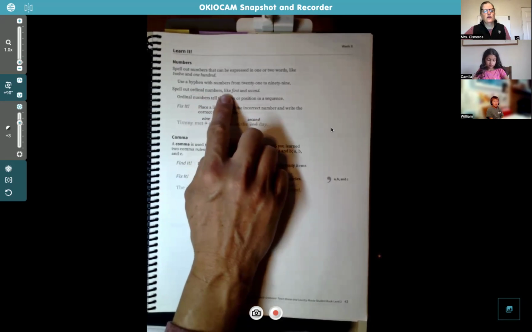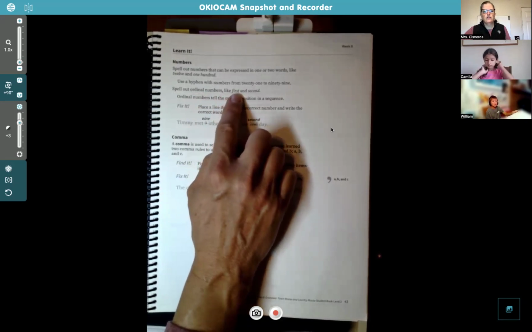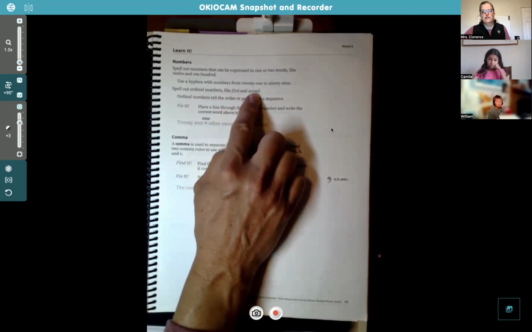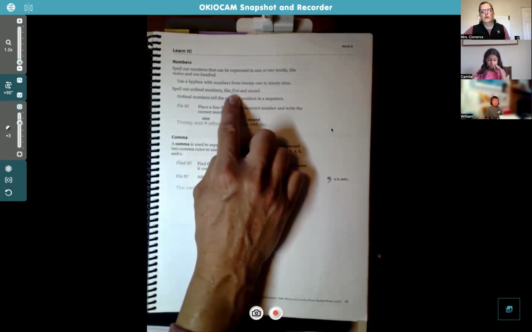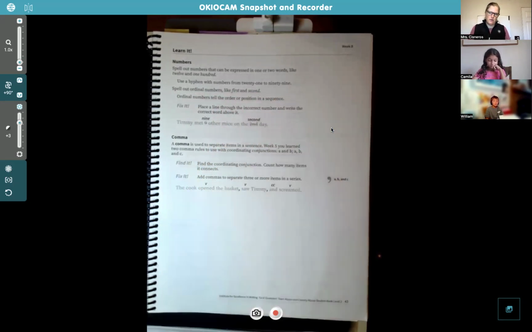So those are going to be spelled out too, like right here where it says first and second. So anytime you have first, second, third, fourth, fifth, any of those words, you spell them out. Sometimes in our keyword outline, we will put a 1 and a ST for first, but that's more like a symbol. And when you're writing out your paragraph, you want to actually spell it out.